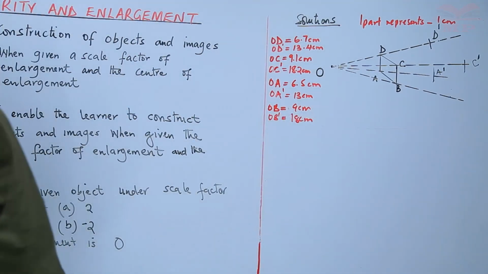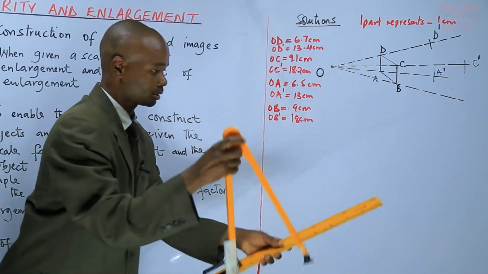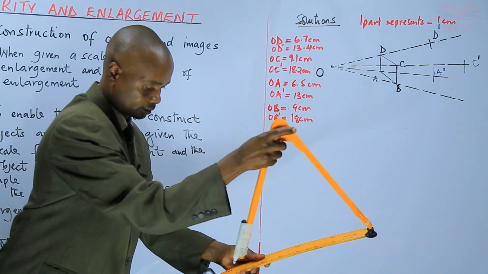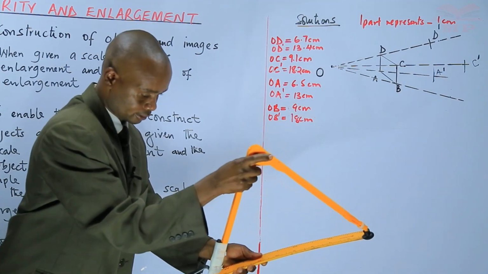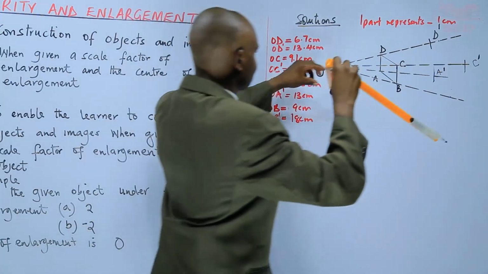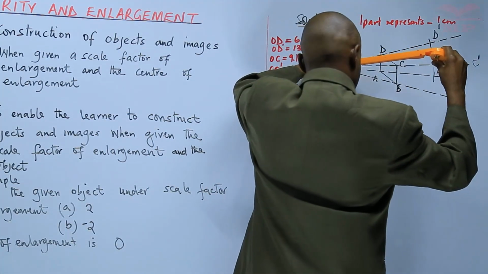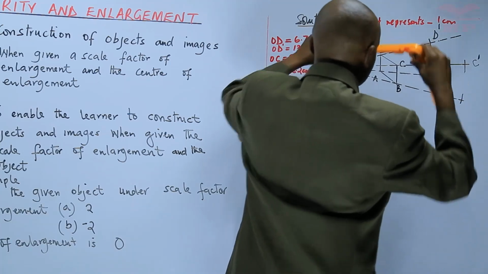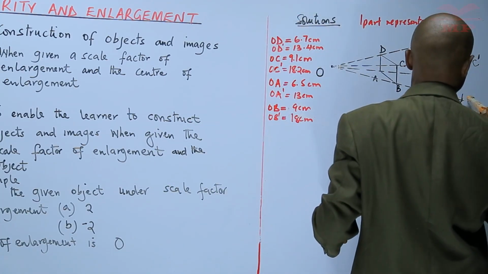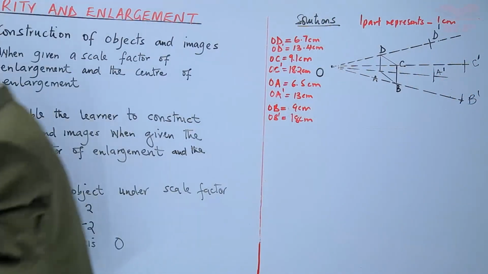So we shall scale again, 18 centimeters. That's 18. So that is B prime. So you'll join the vertices.